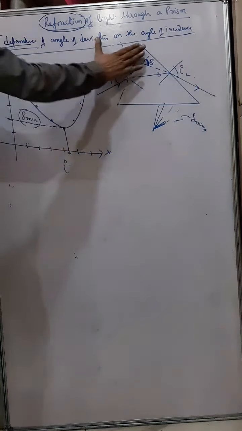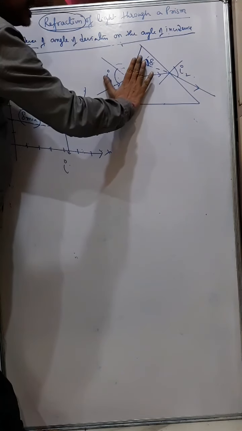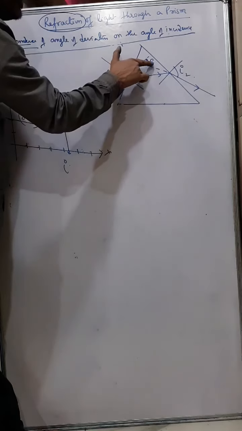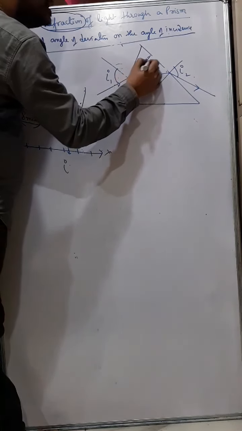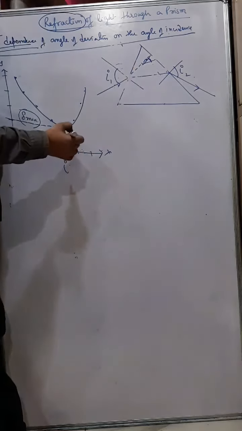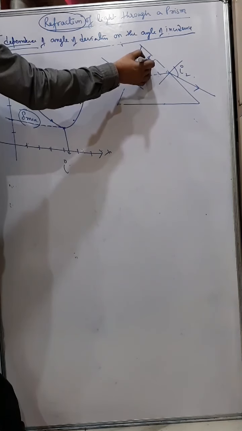And this position of the prism, if you remember, I told you that after reaching a certain minimum value, how has it reached that value? I have continuously increased the angle of incidence, the angle of deviation is decreasing. Again I am increasing, the angle of deviation is decreasing, and when this angle of deviation reached a minimum value, after that the angle of deviation starts increasing.